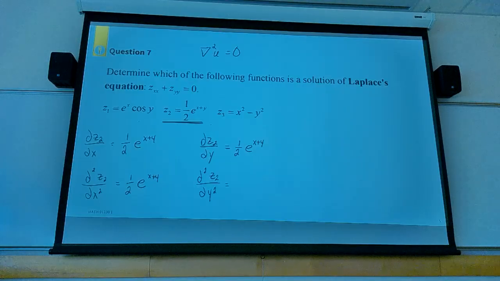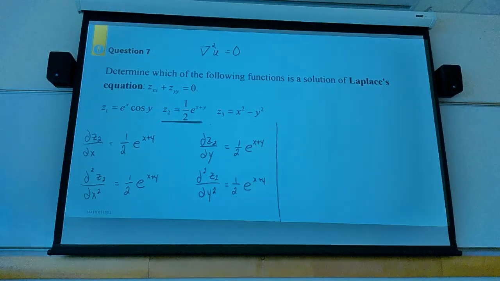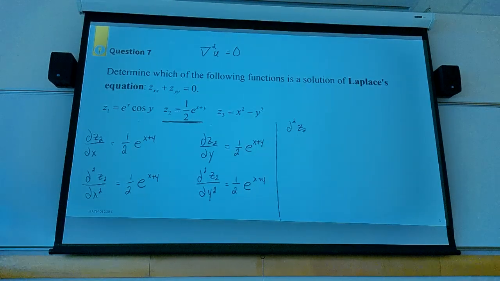Second order with respect to y. Half. Their sum is just e to the x plus y, which in fact never would be 0. Not a solution.